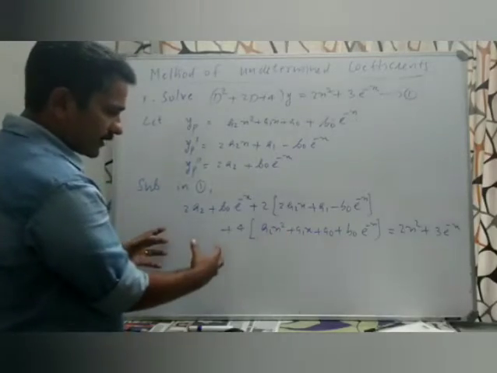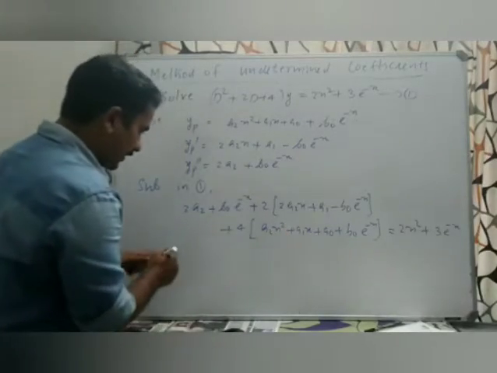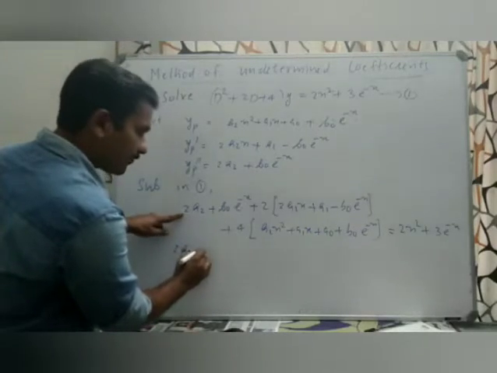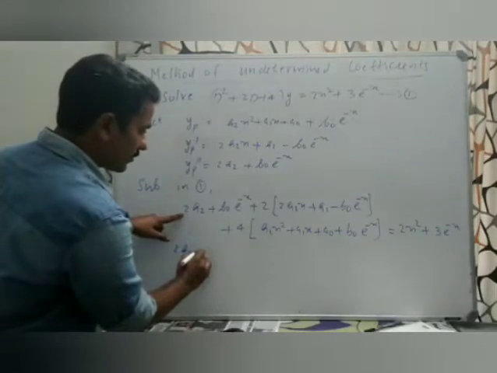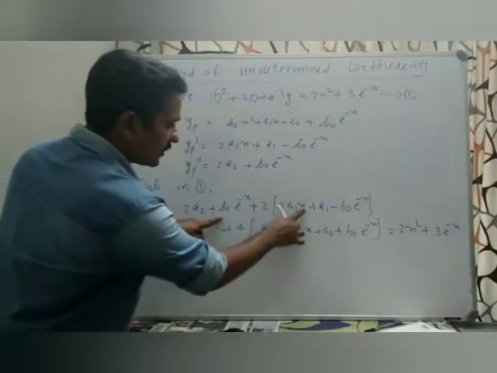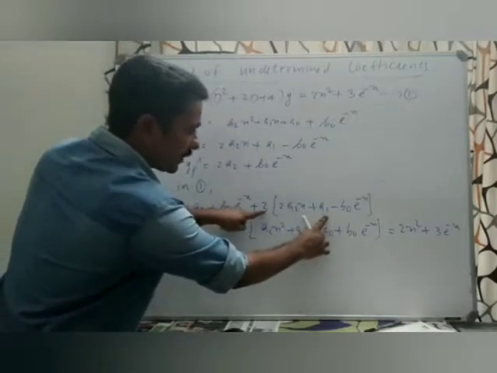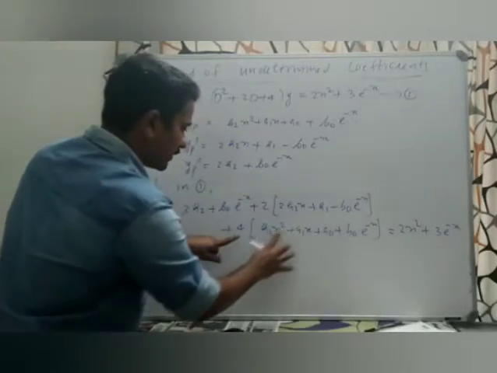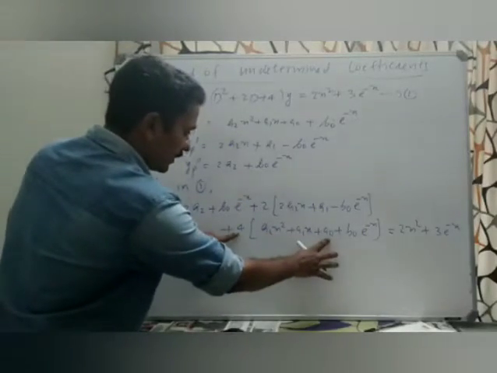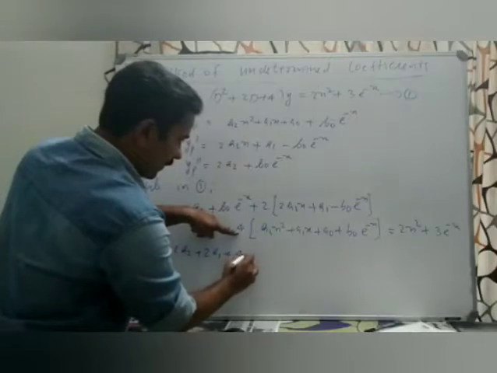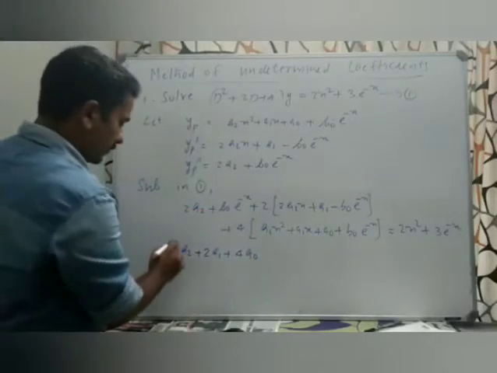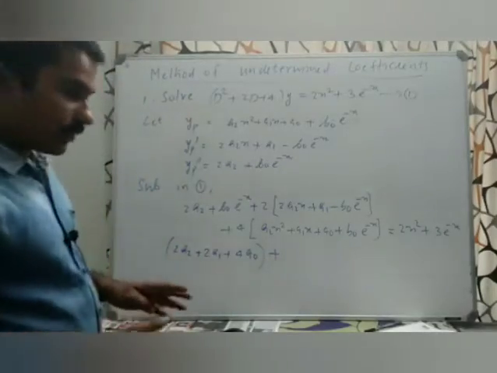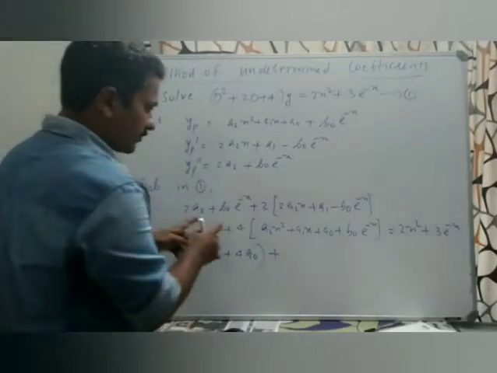First collect all the constants. So 2a2 is a constant, right? Next, this is not a constant, it's a coefficient of x, and 2a1 is a constant. This is not, but here we have 4a naught. So these are the constants. Now collect all the times of x.